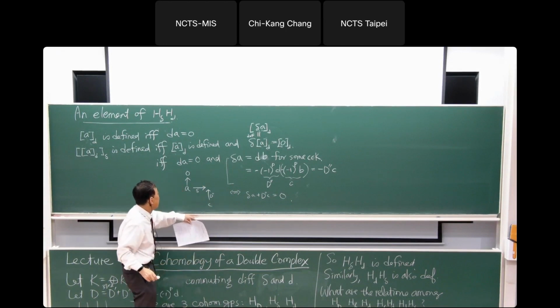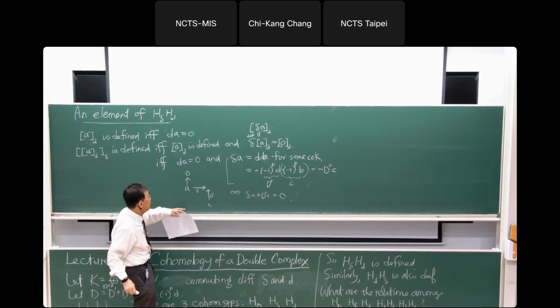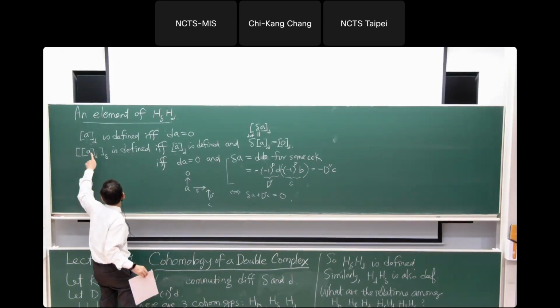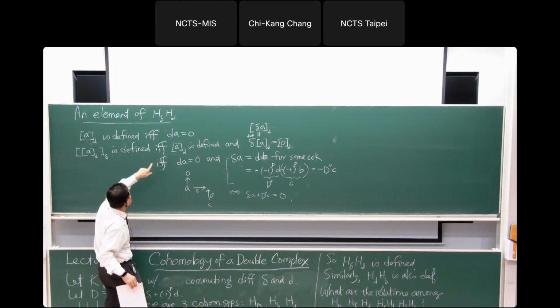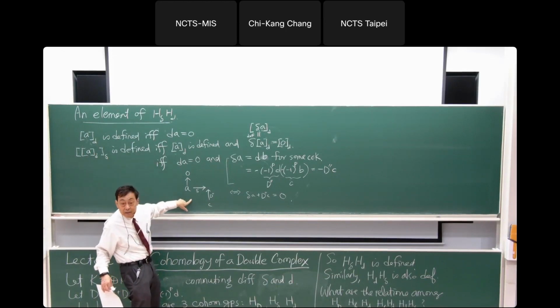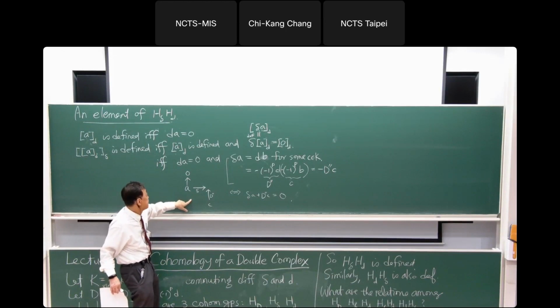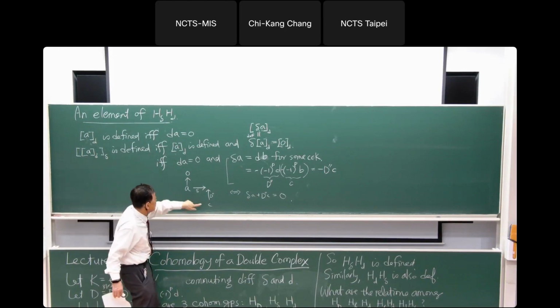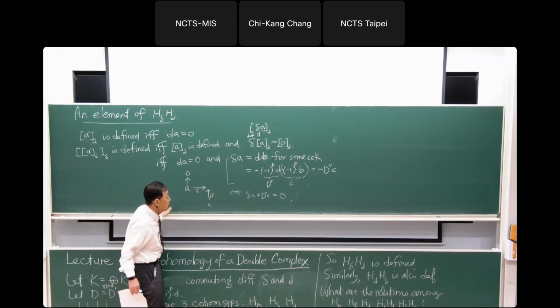Okay? So a class, an element of H delta HD corresponds to this diagram. Okay? It means that there's a little c so that you get this diagram.